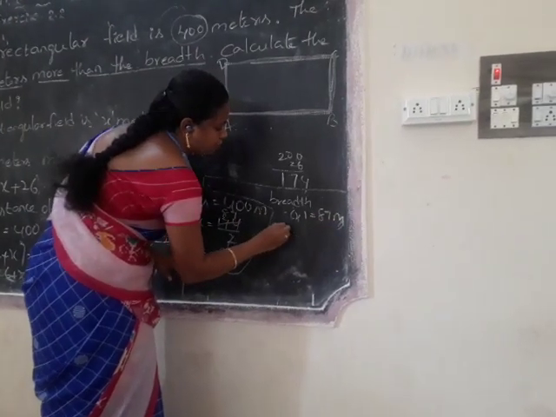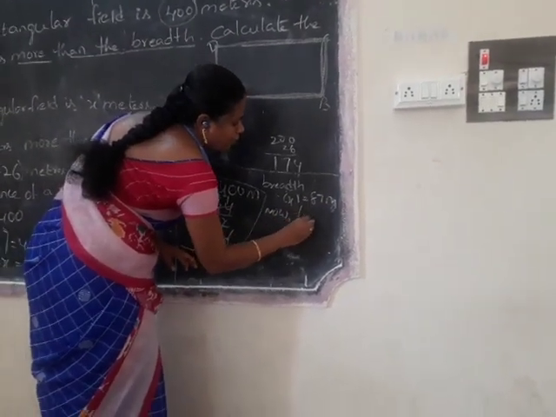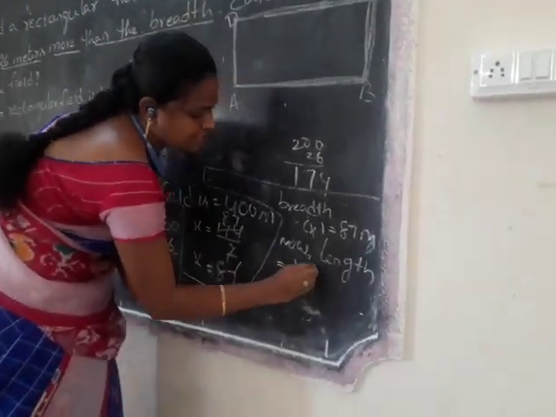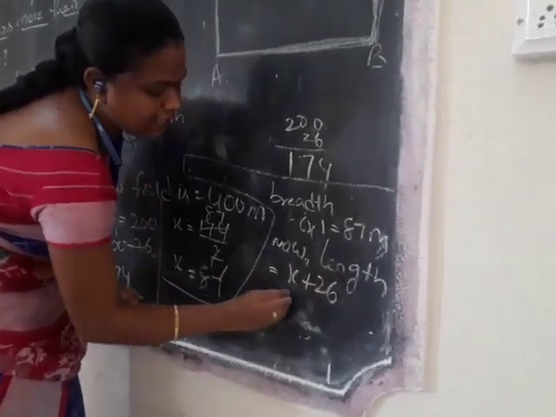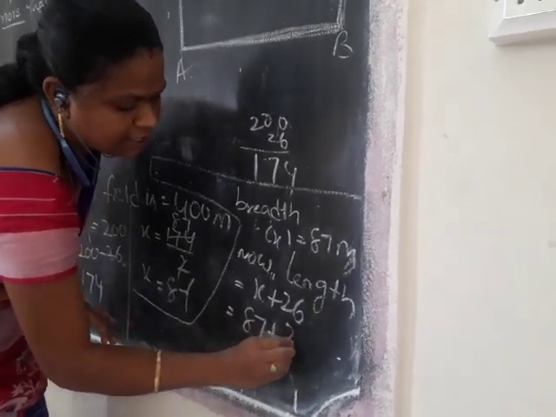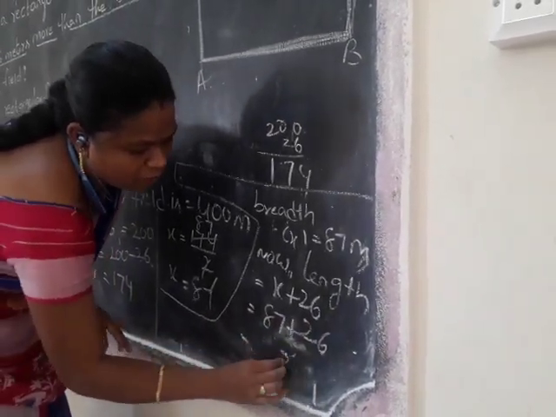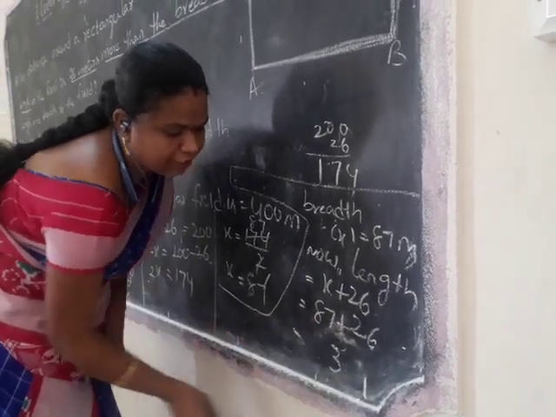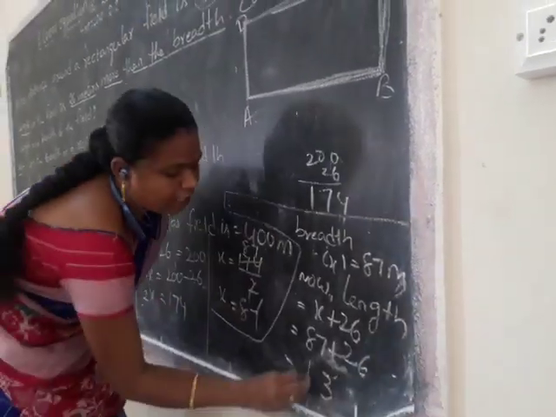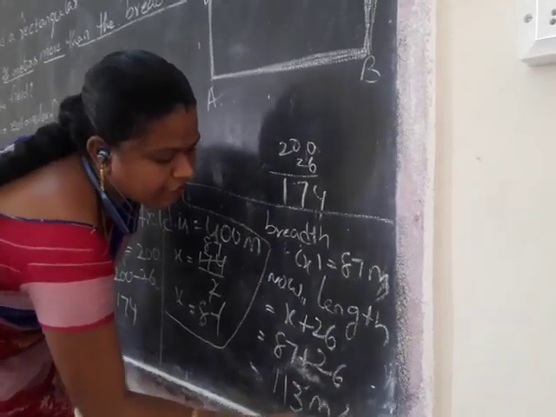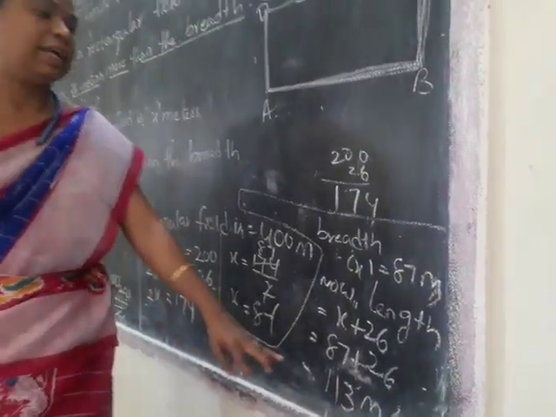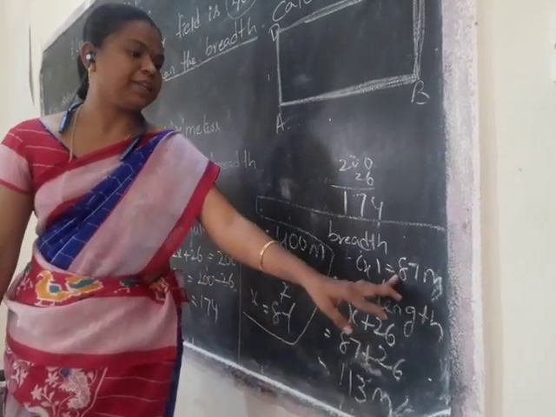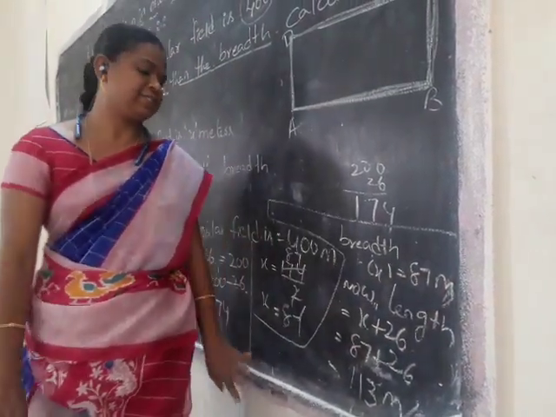Now length is equal to x plus 26. Here x is 87 plus 26. We get 113 meters. Okay students, length is 113 meters and the breadth is 87 meters.